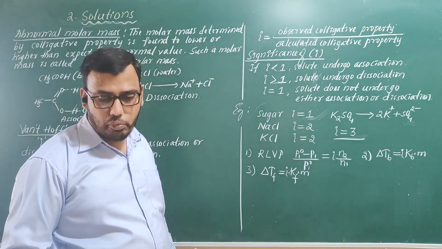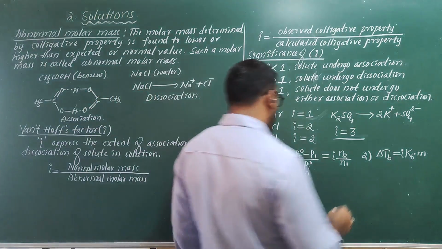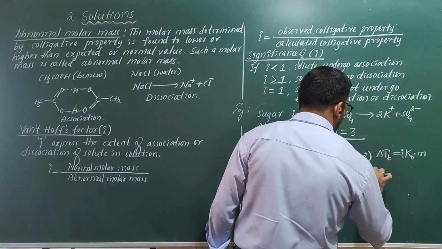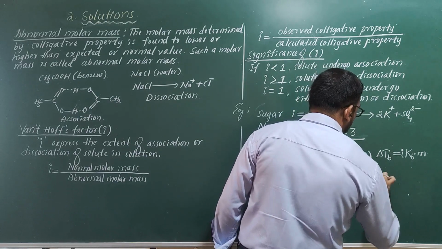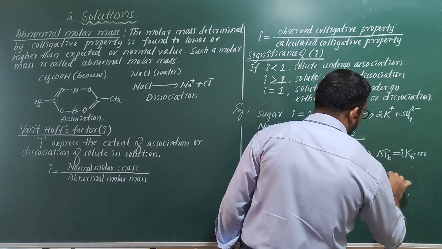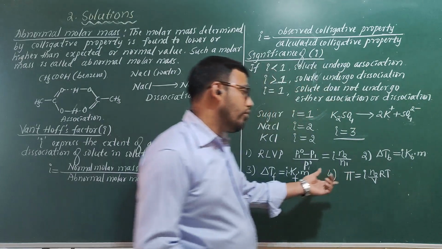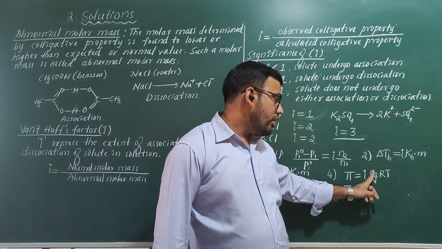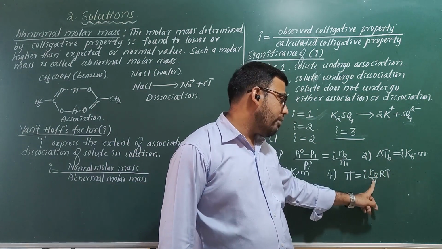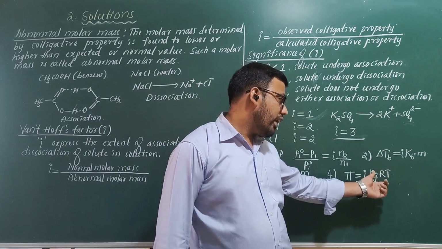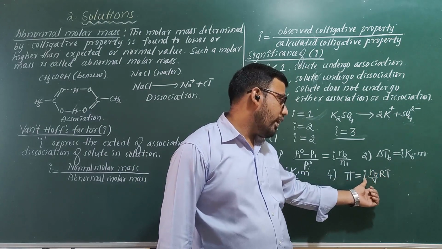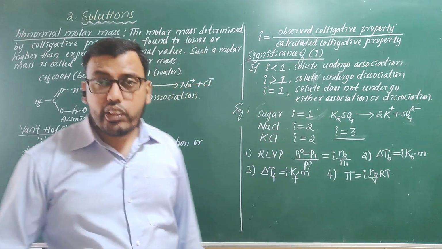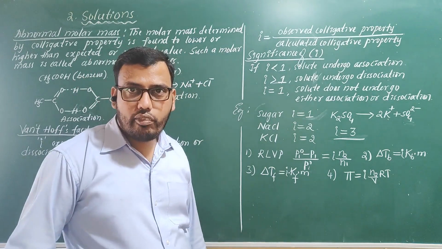For osmotic pressure, the fourth one, pi is equal to i into n2 RT divided by V, or W2 RT divided by M2 into V. Whatever the formula is, just multiply the right hand side by the i value, and you will get the answer for such problems in which the i value is included.